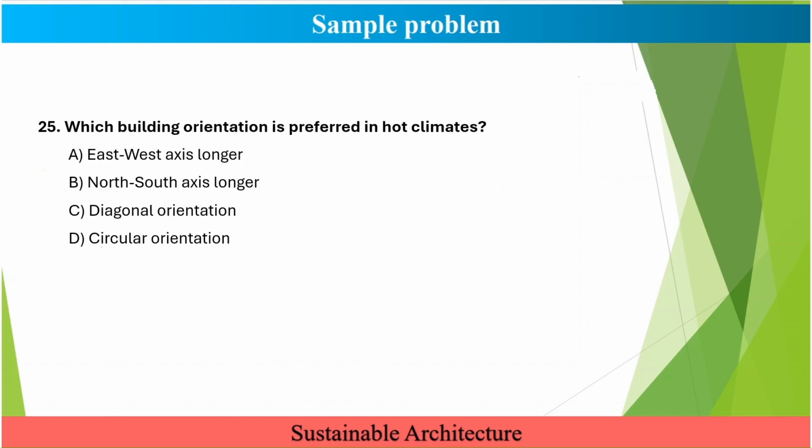This is the primary discussion before building a building. Which building orientation is preferred in hot climate conditions? Option A, east-west axis.